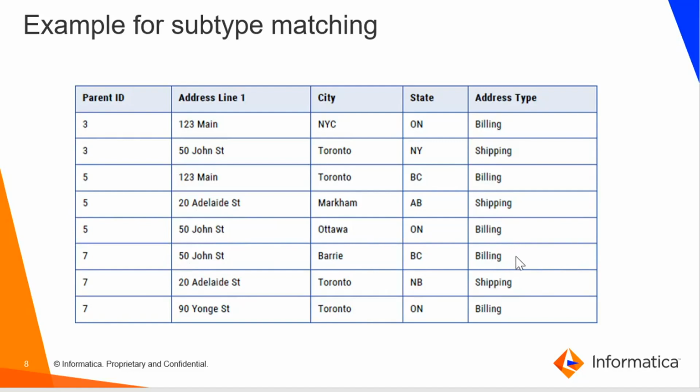Again, Toronto from billing will match with Toronto from billing, and BC from billing will match with BC from billing. So, since the records were distributed with address type billing only, these two records got matched, but 3 did not match with 5 nor with 7.